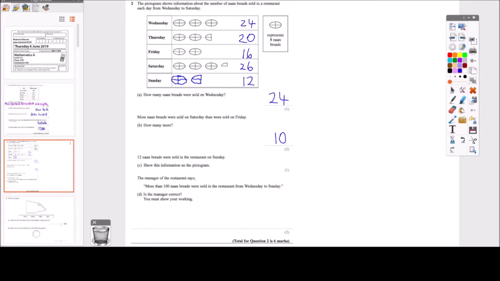If we add those numbers up, we've got 24, add 20, add 16, add 26, add 12, which is 98. So is the manager correct? You say the manager is not correct. 98 naan breads were sold from Wednesday to Sunday.